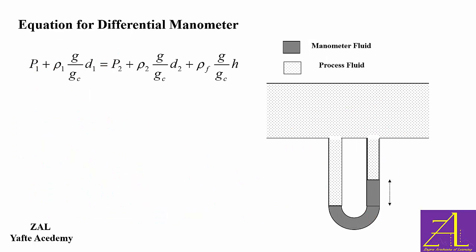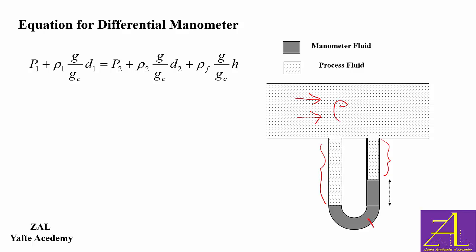The first case that we consider is a differential manometer. What is that? This is a manometer connected to a pipe where a process fluid is flowing. Therefore, this column and this column are filled with process fluid which is in the pipe. Let's assume the density of process fluid is rho.